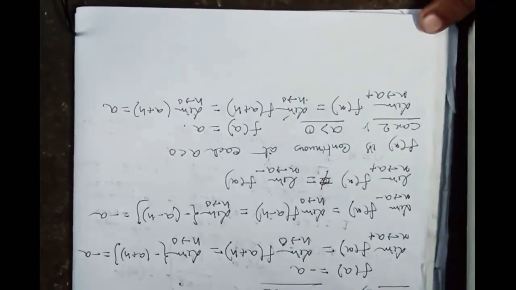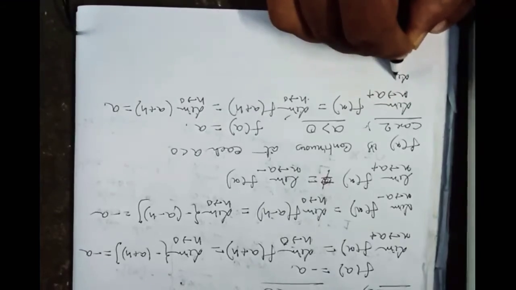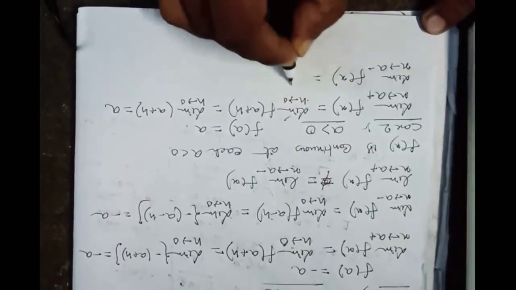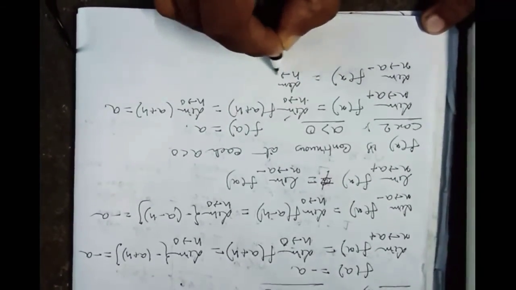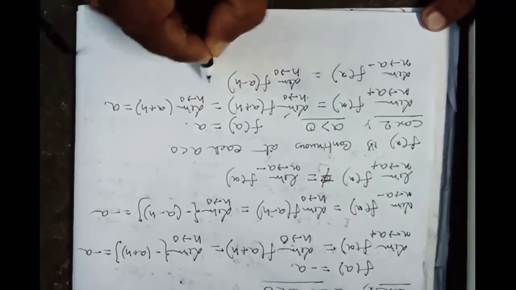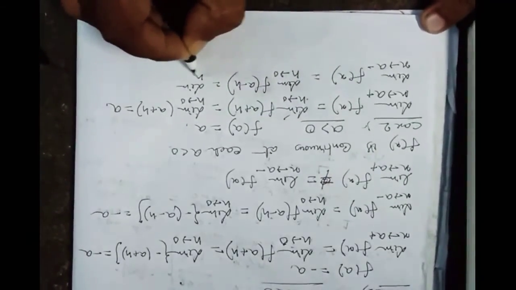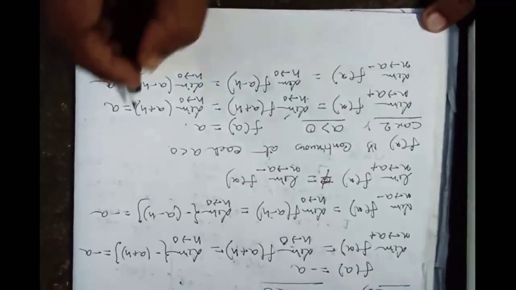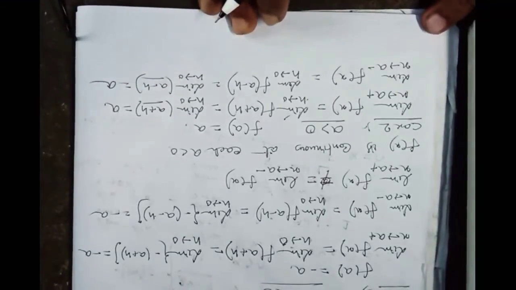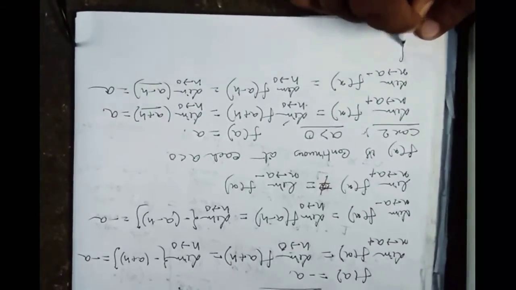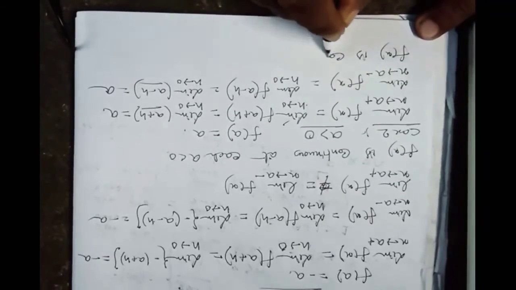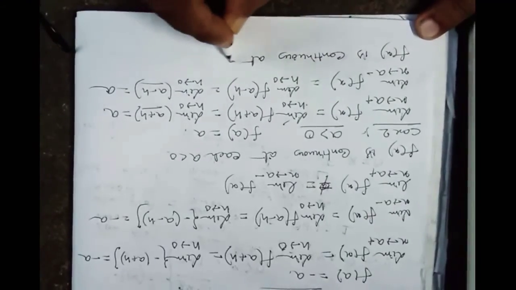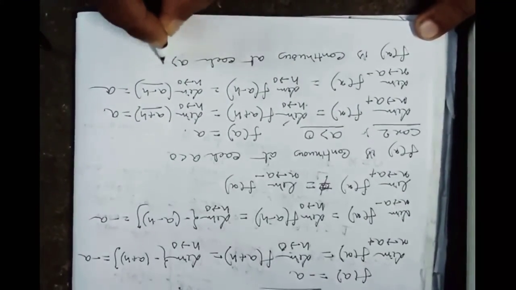Okay. Limit x tends to a minus f(x) equals limit h tends to 0 f of a minus h, that means limit h tends to 0 only a minus h, that equals a. Obviously a plus h and a minus h are both greater than 0. So f(x) is continuous at each a greater than 0.